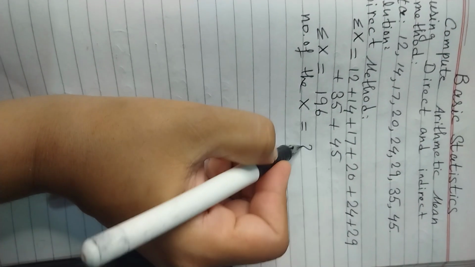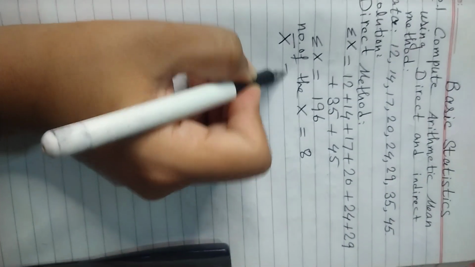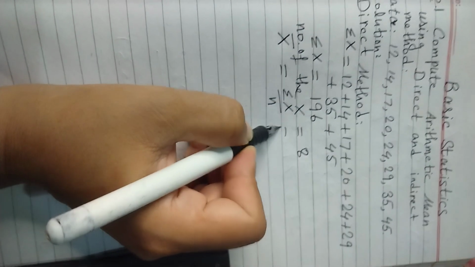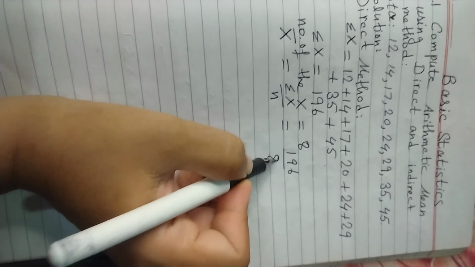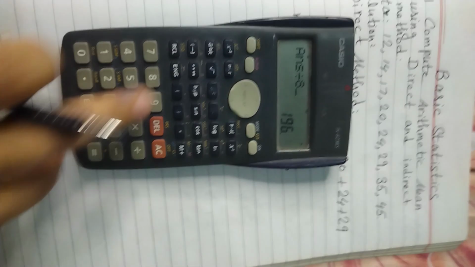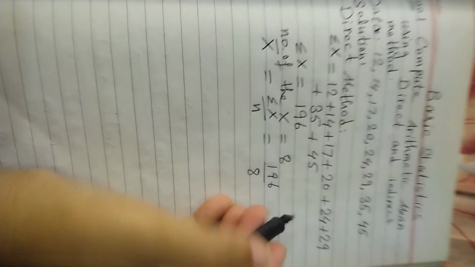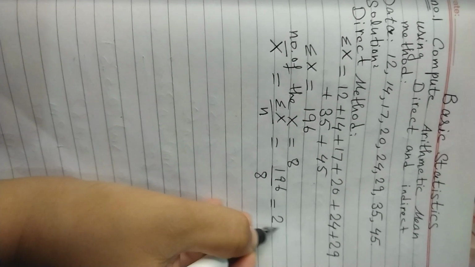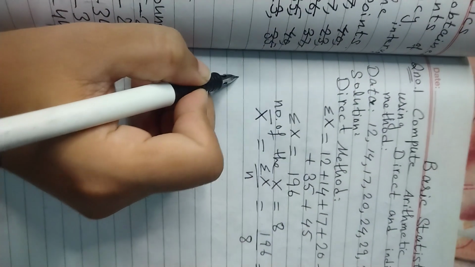The number of the x is 8. In the direct method, mean is equal to summation x divided by n, which is 196 divided by 8, which is equal to 24.5. So our mean is 24.5.